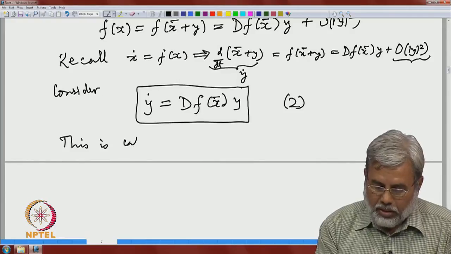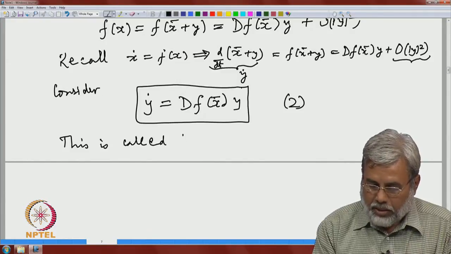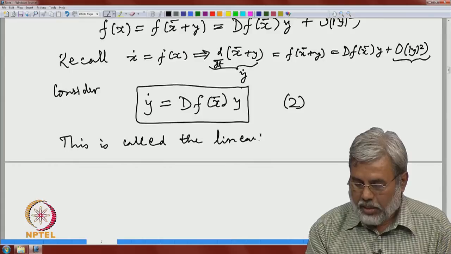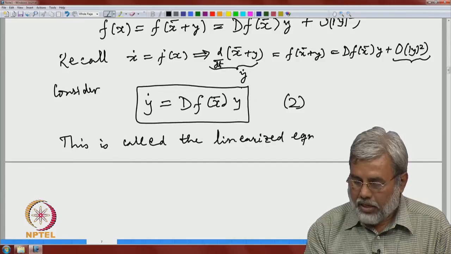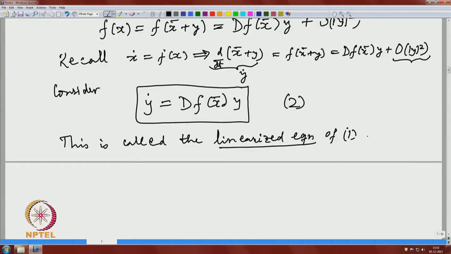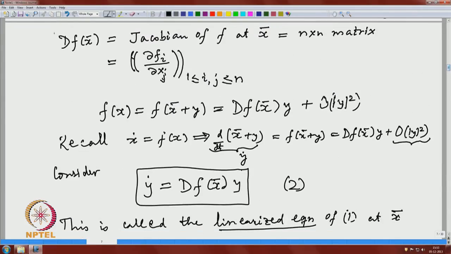This is called the linearized equation of 1 at x bar. That is important, because we are just concentrating on that equilibrium point. If there are more equilibrium points, then we get more linearized equations. Each one could be different because this matrix changes.